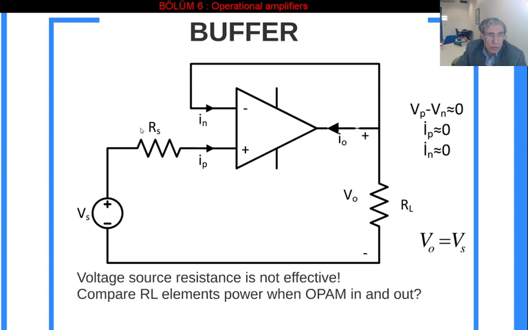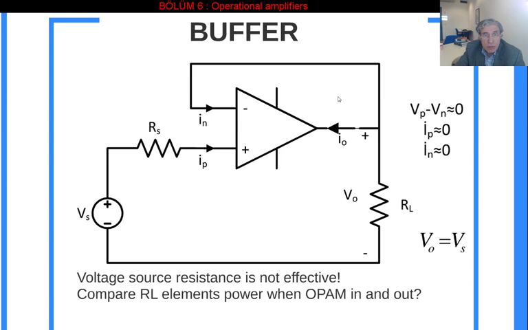There is no voltage drop here, so that independent source seen here is directly transferred to the output of your operational amplifier by this circuit. So that means you are transferring this voltage source as an independent voltage source here. That's why it is called buffer.